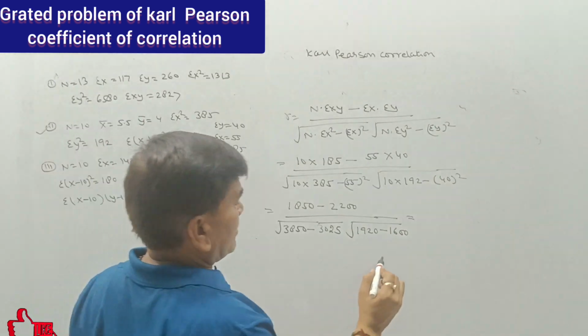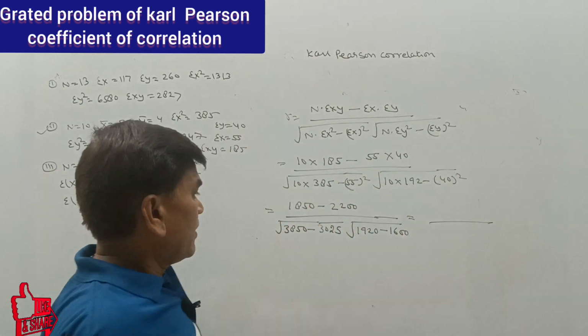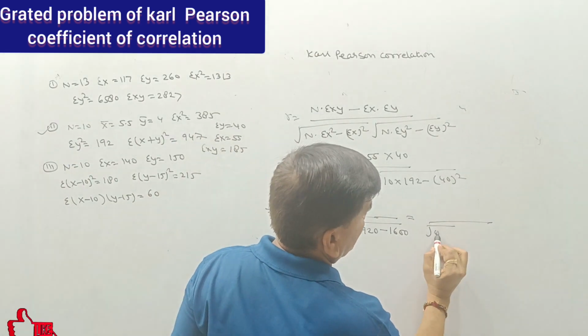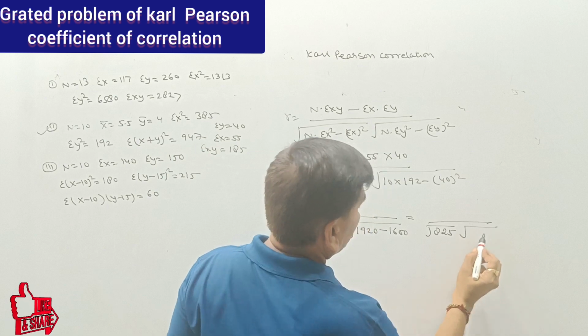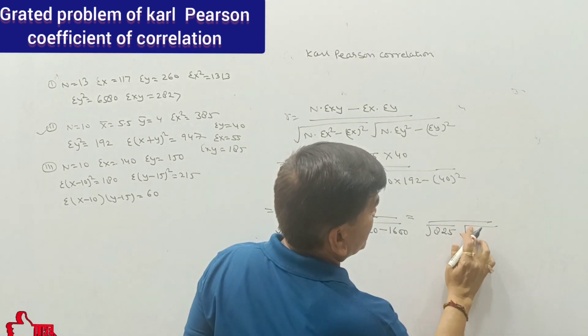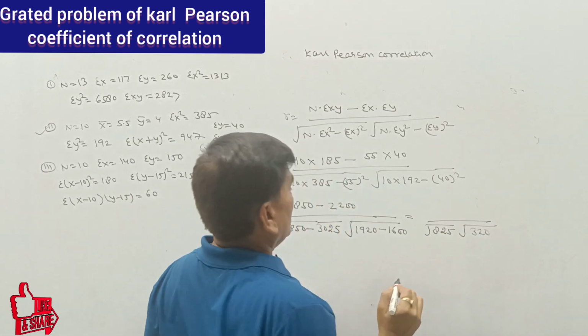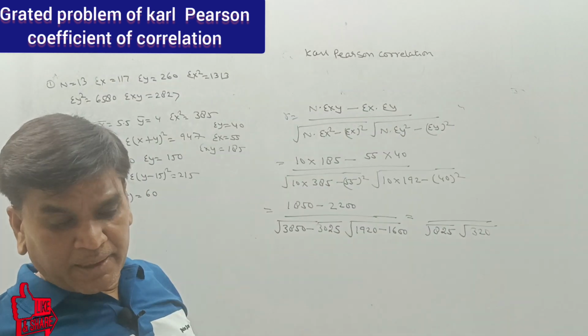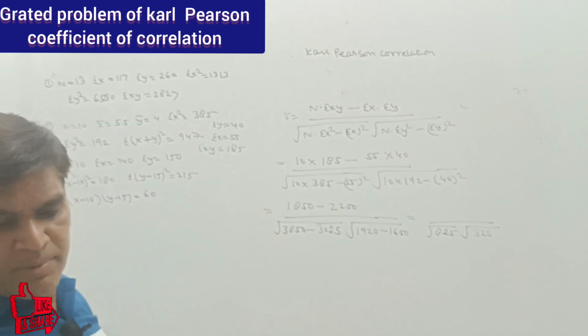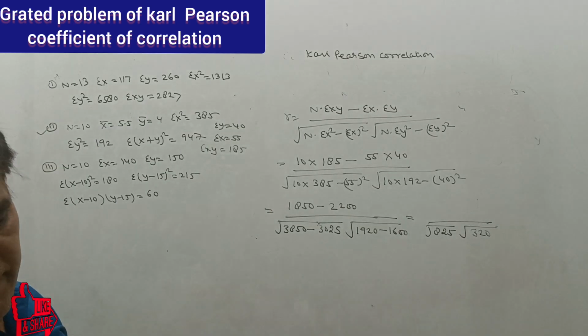So here first under root contains 825, second under root contains 320, sorry, and 1850 minus 2200.